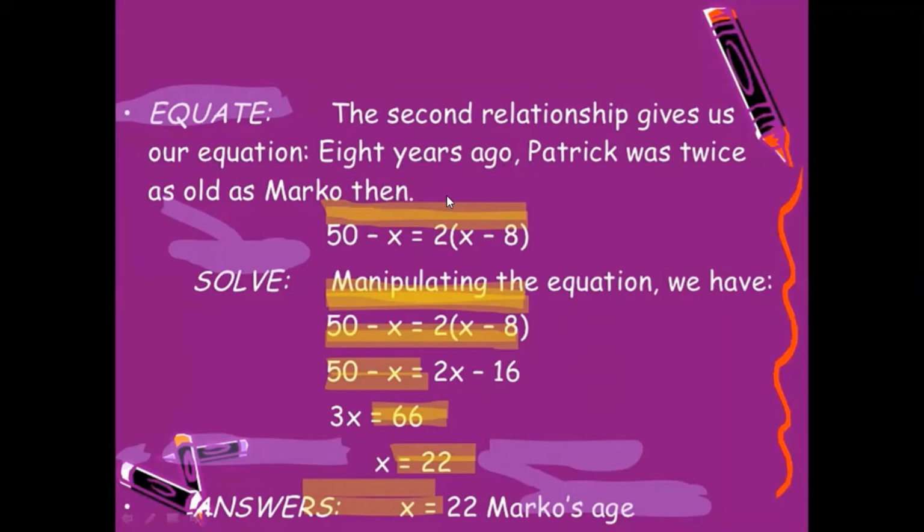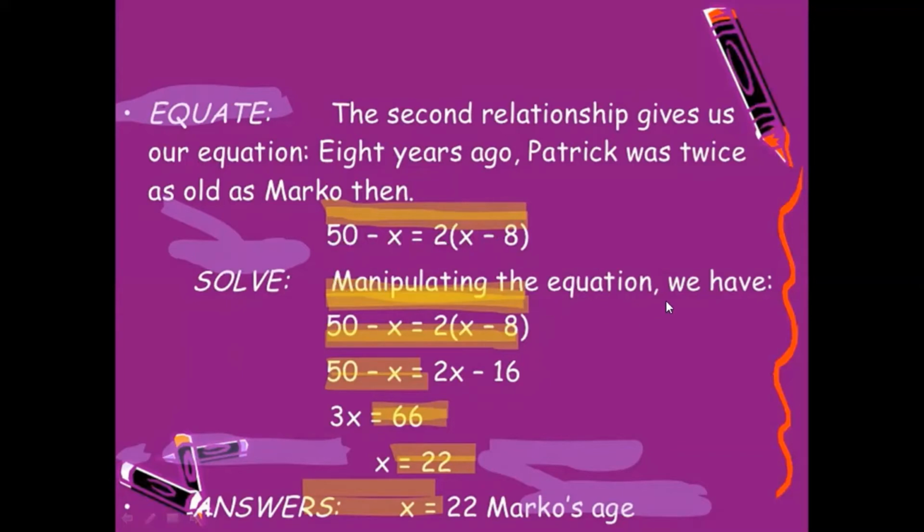Patrick will be twice of the younger, that is Marco. So this is the age 8 years ago, and this will be twice the age of Marco 8 years ago. So this is the basic equation: 50 minus x equals 2 times (x minus 8).